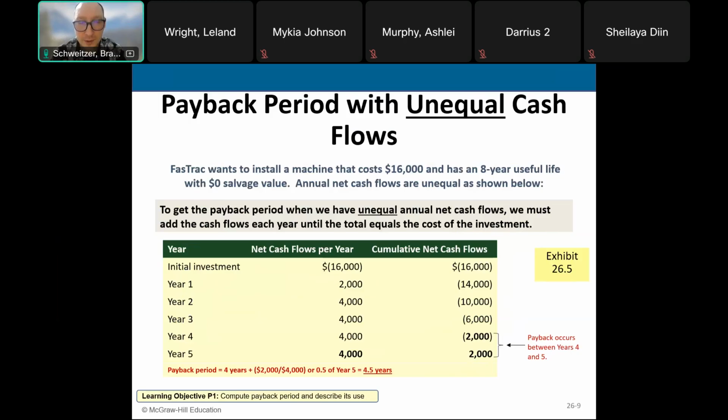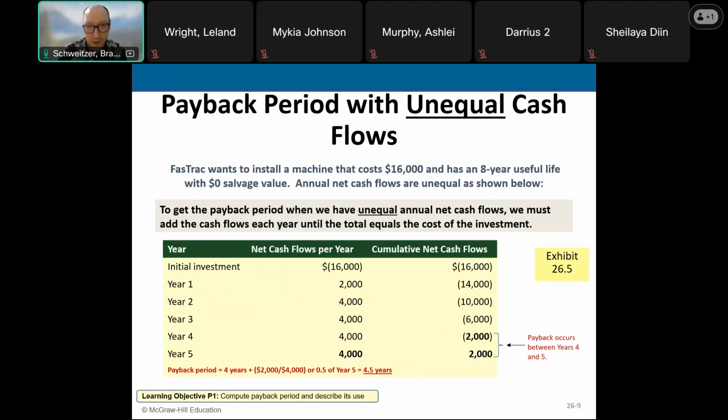So minus 16,000 in year 0. Year 1 is positive 2,000. That gives me a balance of negative 14,000. Exactly. Year 2, I got positive 4,000. That gives me a negative balance of 10,000 at the end of year 2. Year 3, I got another 4,000 positive. That gives me a remaining negative balance of 6,000.